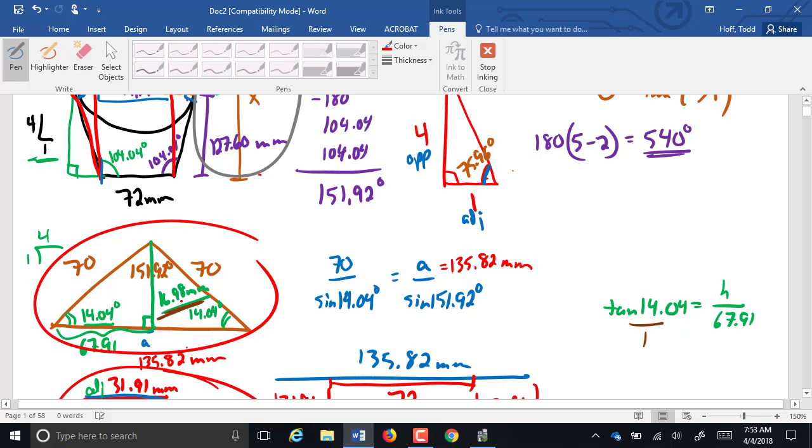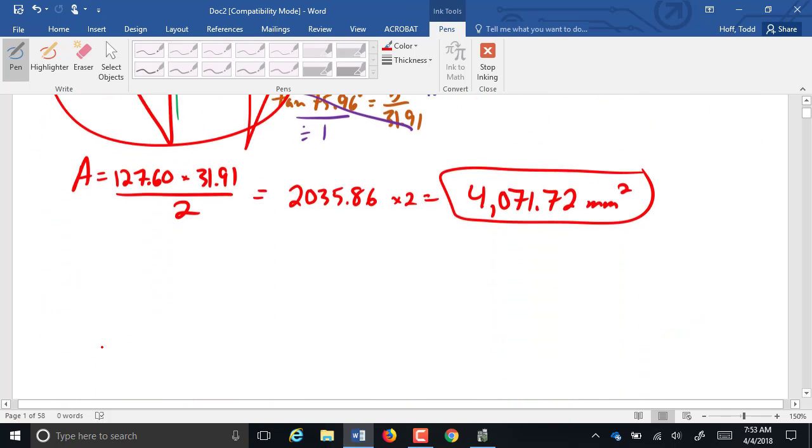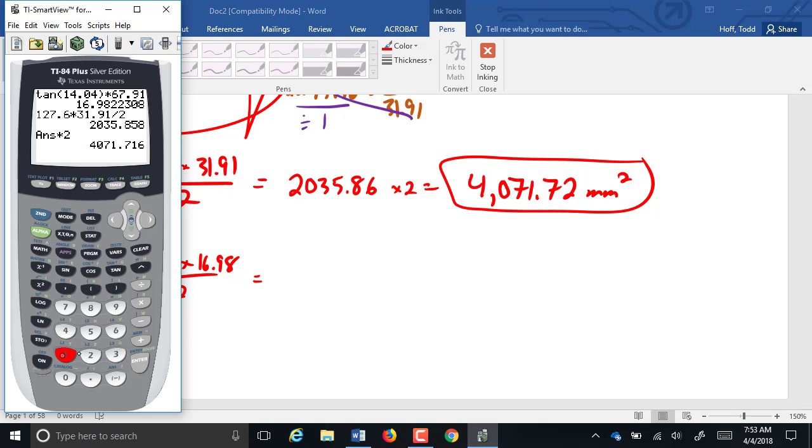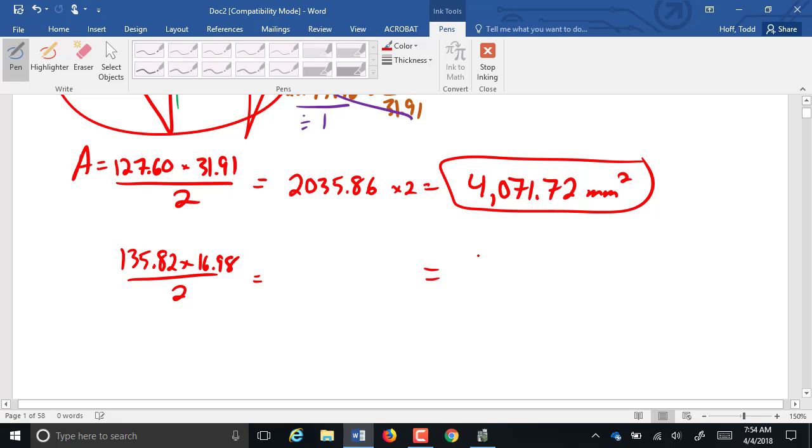We have this triangle here that's 16.98 high by 135.82, divided by 2. There's only one of those, so it's 1153.11.